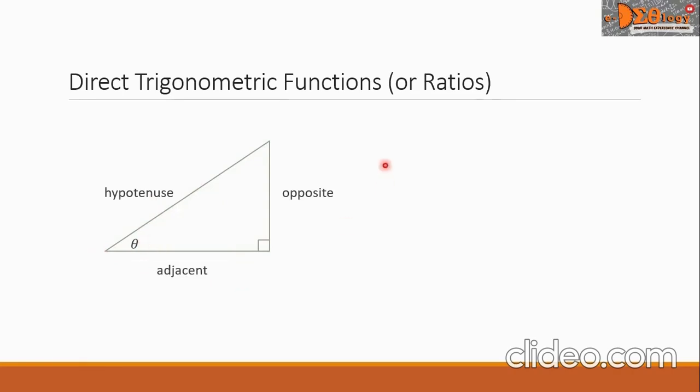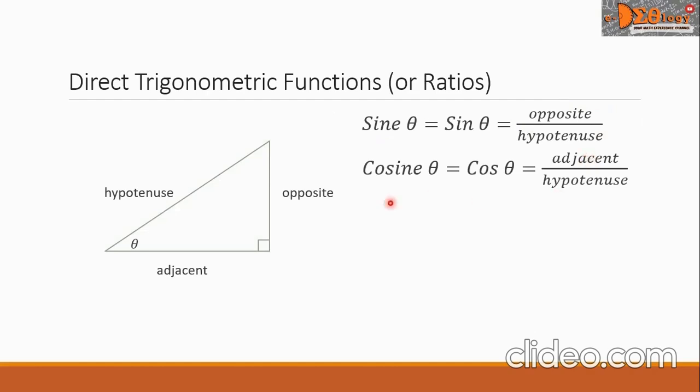We will now specify direct trigonometric functions. We will begin with the sine theta. The symbol for sine is sin theta, and this is equal to the ratio of the opposite side over the hypotenuse. The next function is cosine theta.